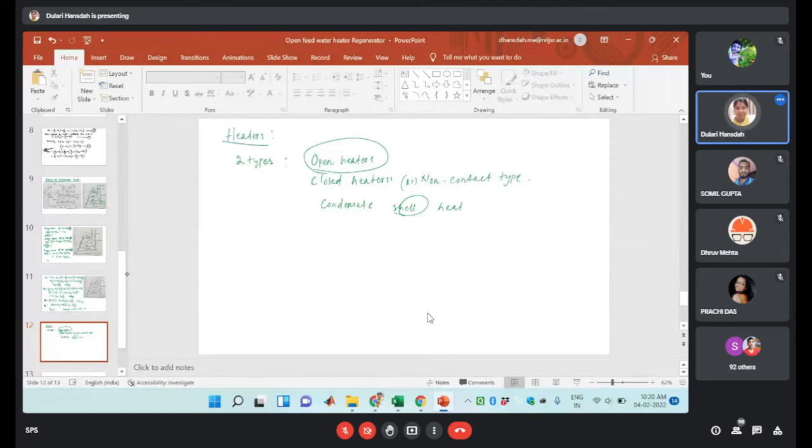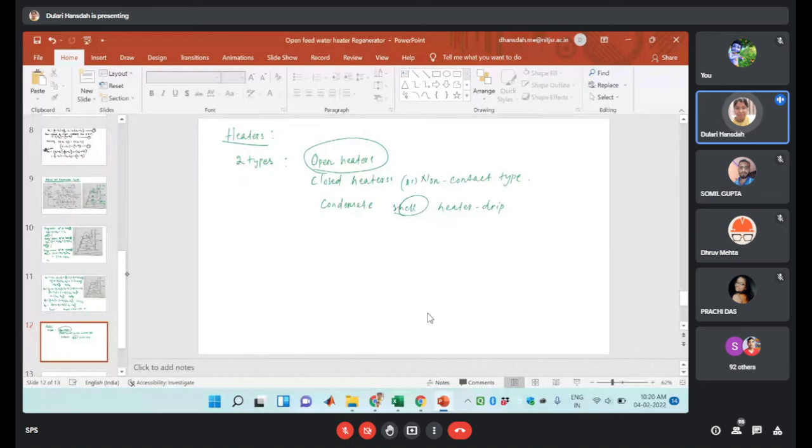That collector is connected to the heater drip. So sometimes when we open that drip, the trapped water or condensate water will be removed from that shell. Okay, so this is the closed contact type of heater.